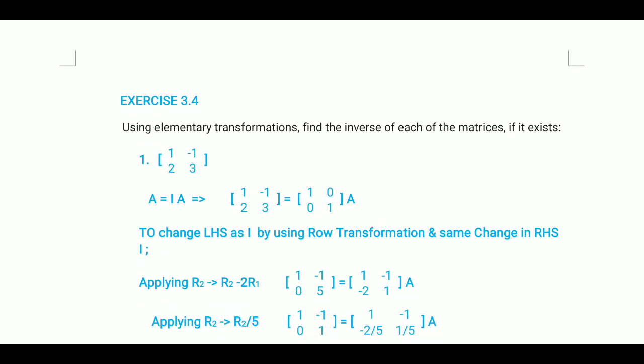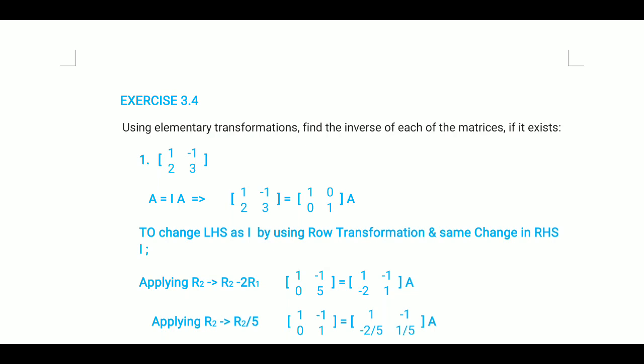Now your exercise 3.4: using elementary transformations find inverse of each of the matrices if exists. Question number 1, 1 minus 1, 2 3.